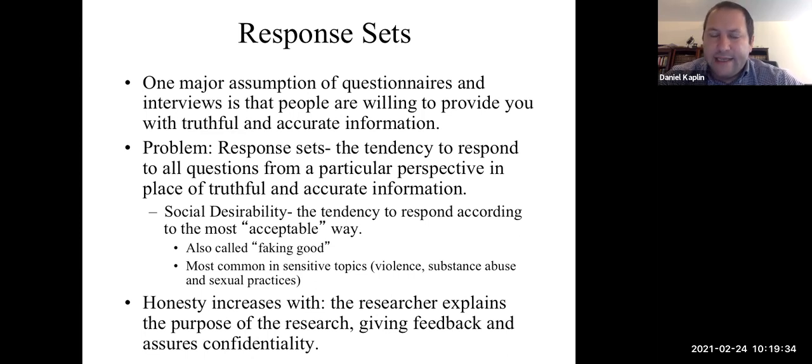In the United States, the view about sex differs whether we're talking about male sexual practices or female sexual practices. So let's take a simple question, such as how many sexual partners you have had, right?